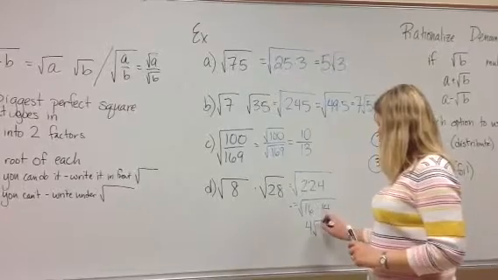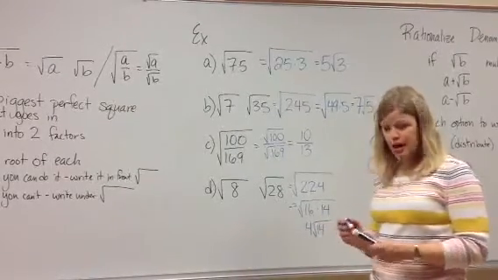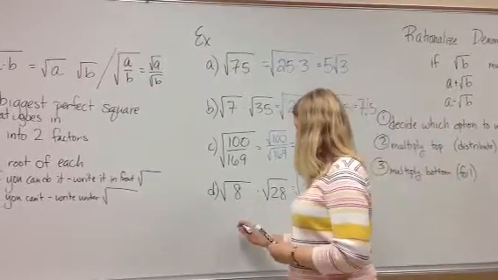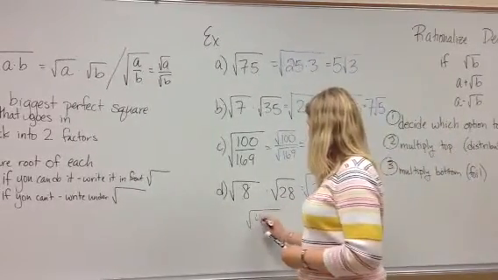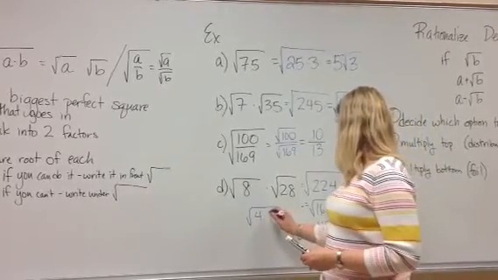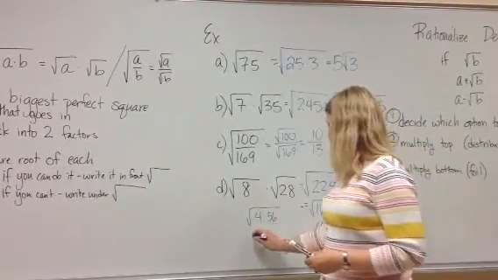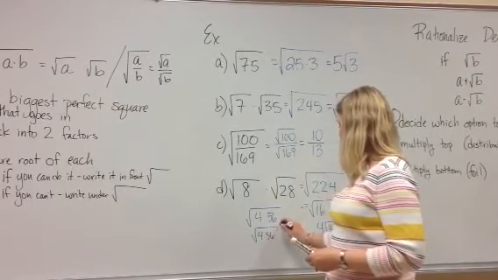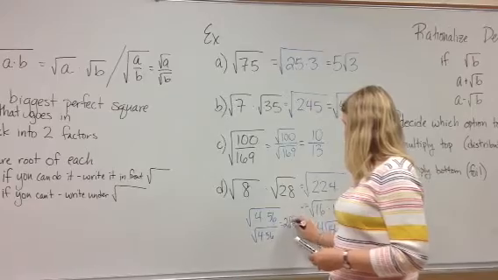The thing you can't change stays underneath, okay? Now, if you had just broken it up into 4, that would go into 224 56 times, and you say, oh, that's great, that's 2 square root of 56.